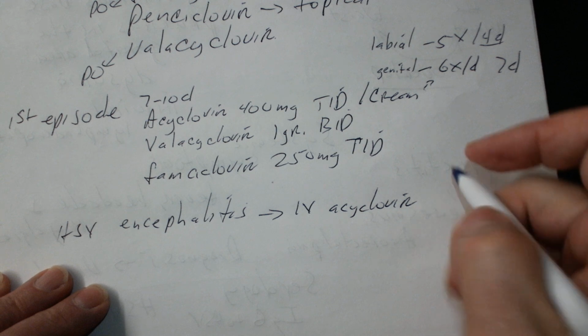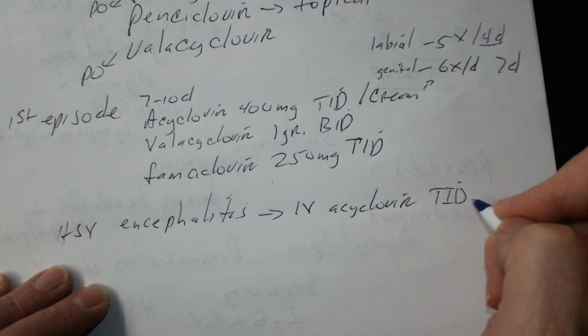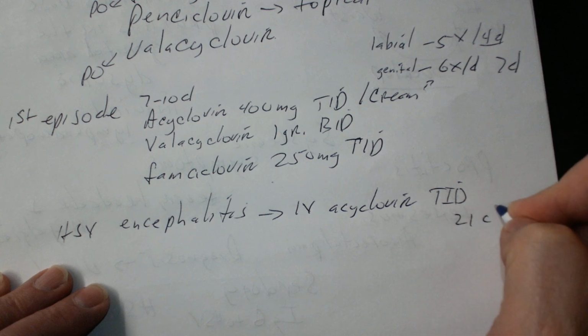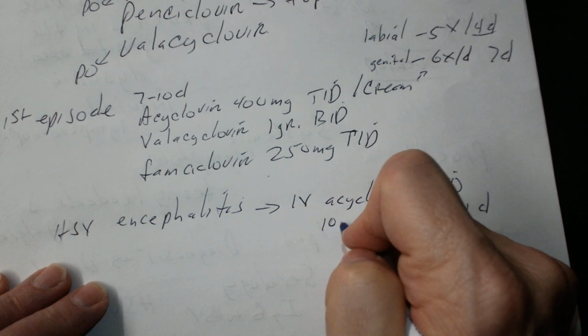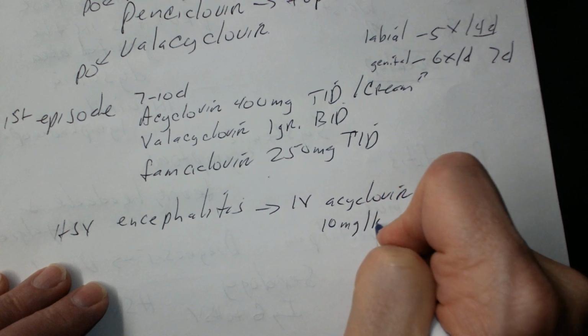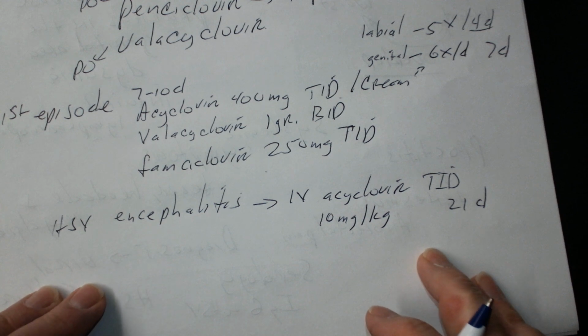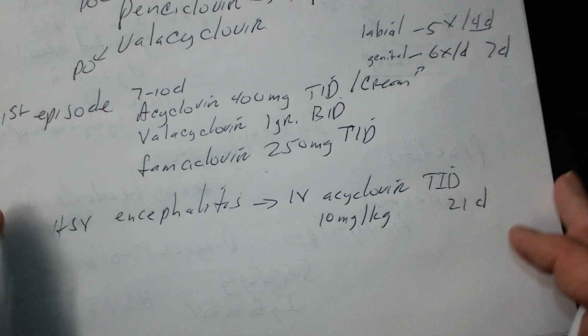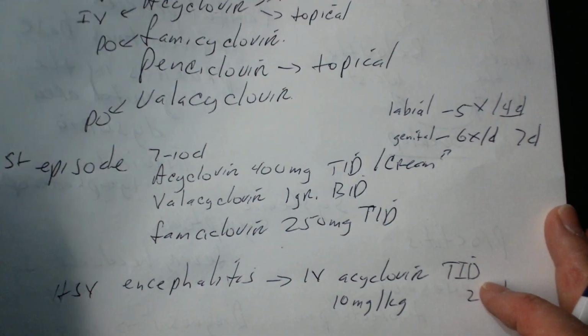And you have to treat every 8 hours, so it'll be TID, and for 21 days. And this will be 10 mg per kilogram body weight. And that is how you treat HSV.